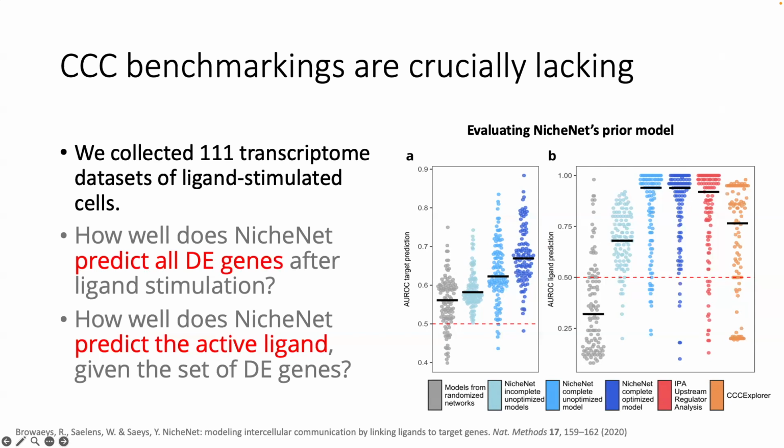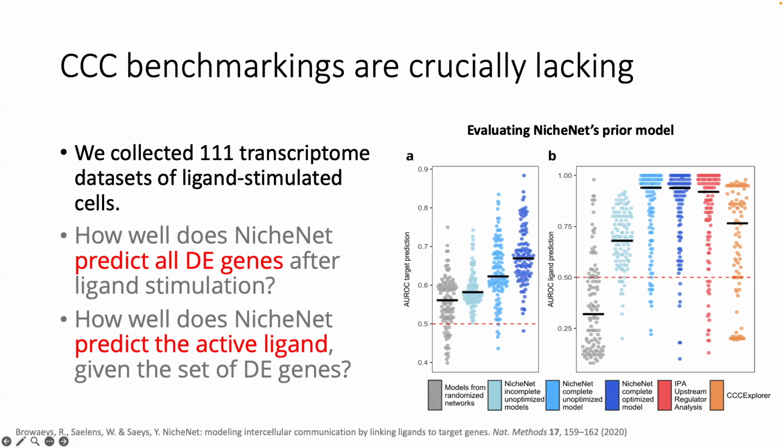You can also do it the other way around. You can start from the ligand that was added as prior knowledge and see if NicheNet can predict the affected target genes. So those are the two types of validation you can see here.